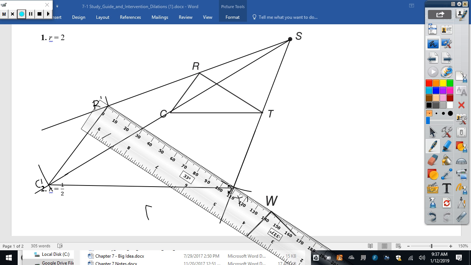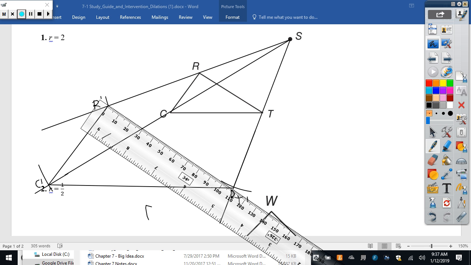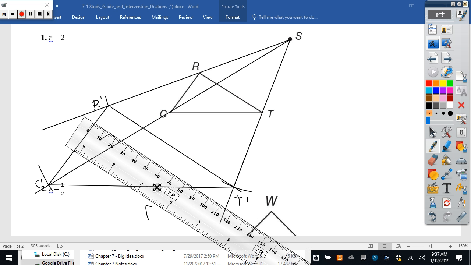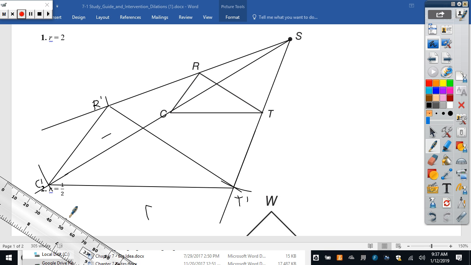I see I can't be super accurate with my... I'll just put it right there. Okay, and there you go. Should be twice the size.